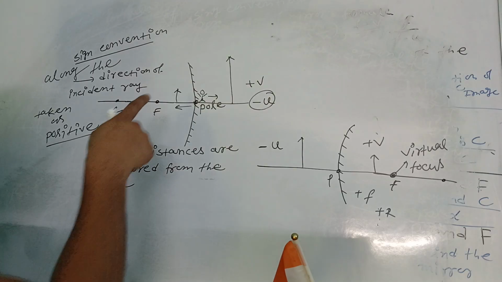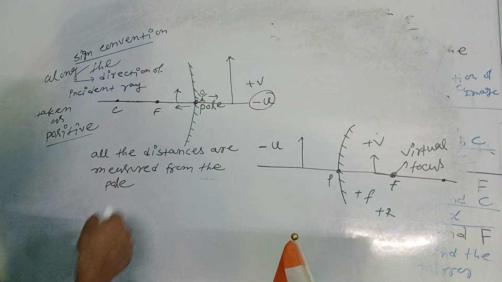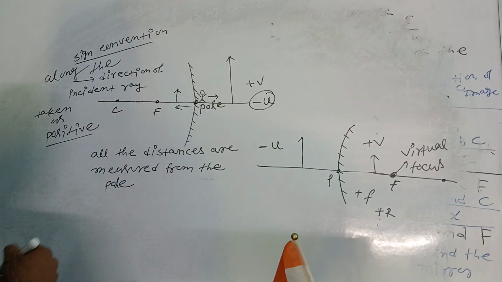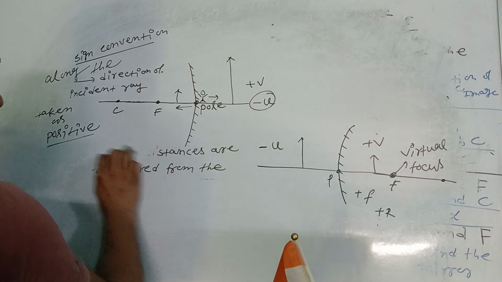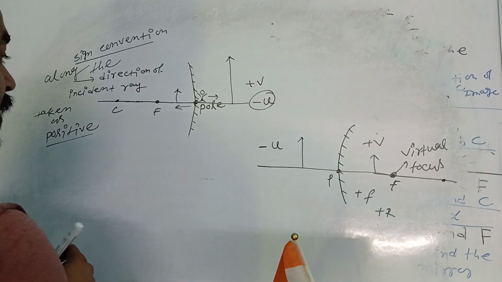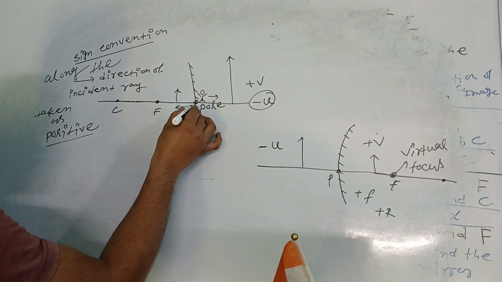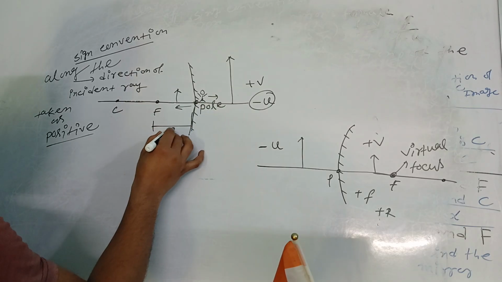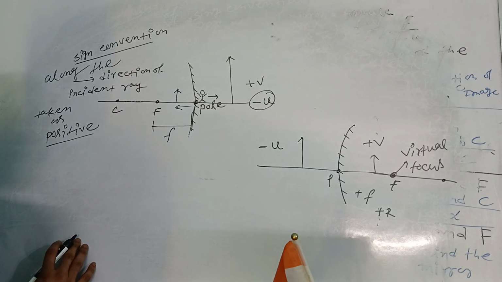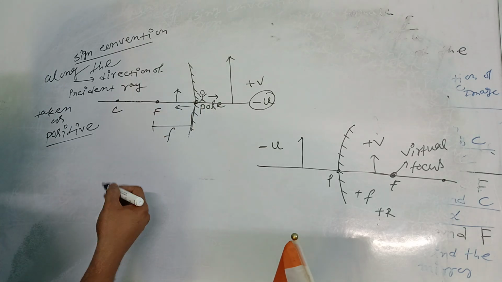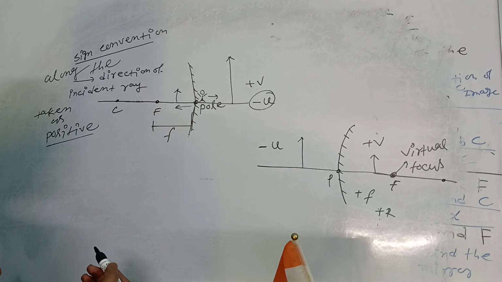In the case of a concave mirror, the focus is on this side. The focal length is the distance from pole to focus. Pole to object is the object distance.